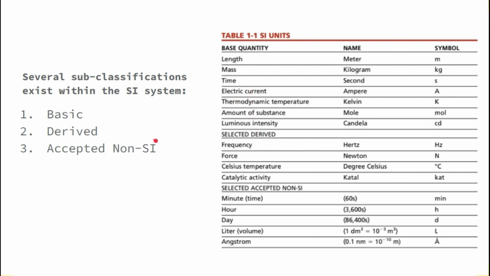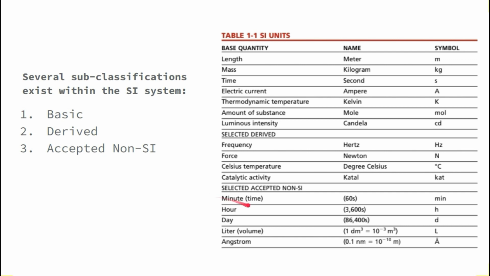And then an additional subclassification that exists within the SI system is the accepted non-SI. When we say accepted non-SI, the following are actually not under the SI system. However, since they are commonly used, they are already accepted in the subclassification.